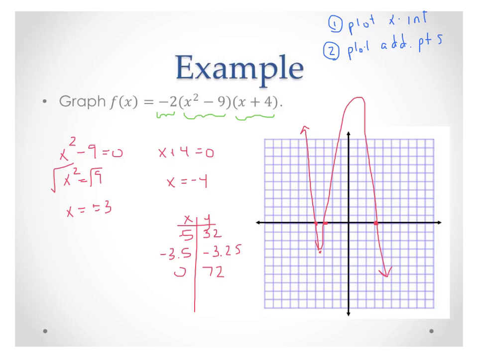You might also look at your end behavior. So maybe if we were going to add a step 3, I would say look at end behavior. If you were to multiply all of this out, you get an x cubed, which is going to have an odd degree, and you'd get a leading coefficient of -2.